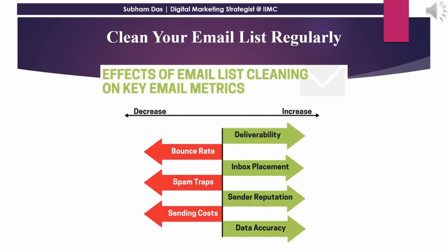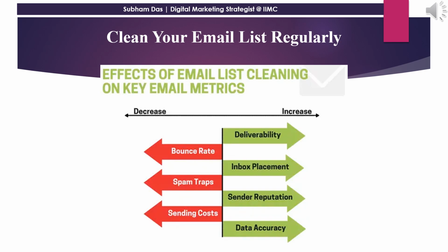One more important thing while you are building an email list is you also got to clean your email list regularly. That is maybe after every 1 month or every 3 months or every 6 months you are deleting email IDs of people who have indicated that they are not interested to receive your emails.